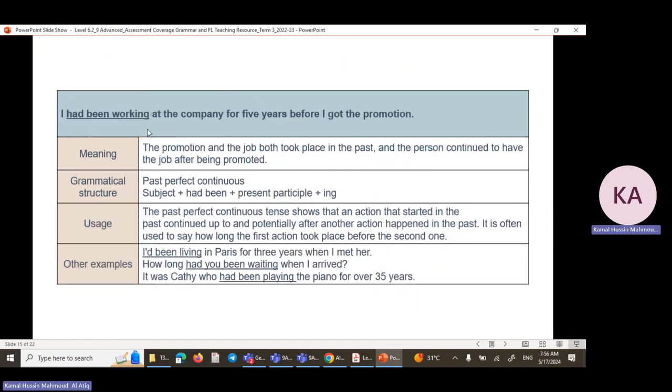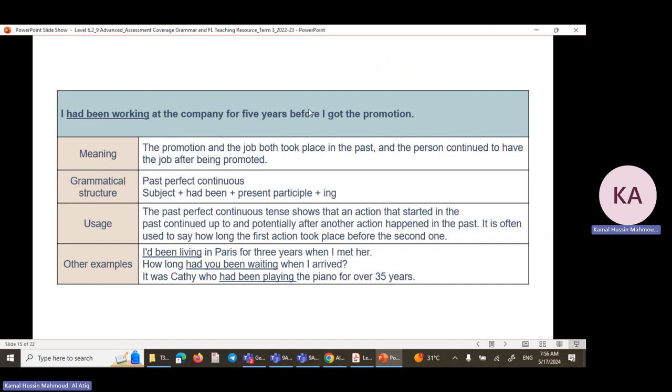I have been working at the company for 5 years before. If you have for and before, you have to add had been plus verb-ing, which is past perfect continuous. I had been living in Paris for 3 years when I met. It's also when.